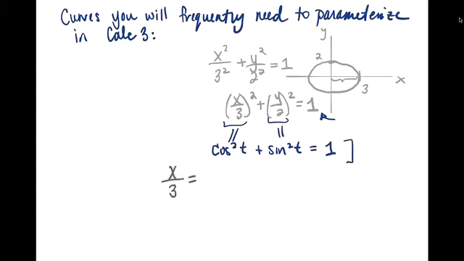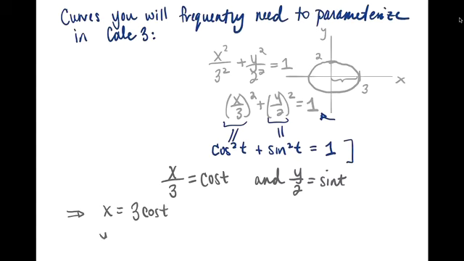So here I'm going to get x over 3 is equal to cosine t, and y over 2 is equal to sine t. At the end, the simplest parameterization is x is 3 cosine t, and y is 2 sine t. If I start at 0, let's see where that puts me. When t is equal to 0, x is 3, y is 0. So I will be starting right here, and I will be moving counterclockwise again.